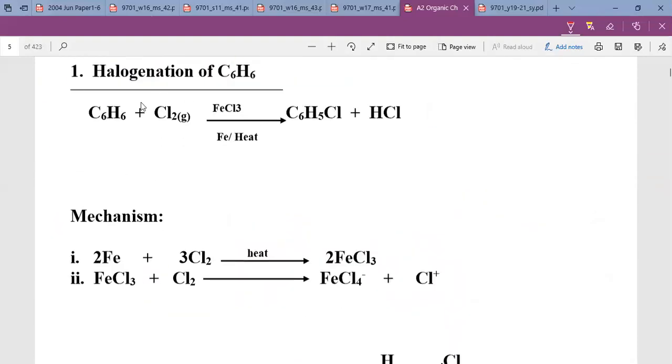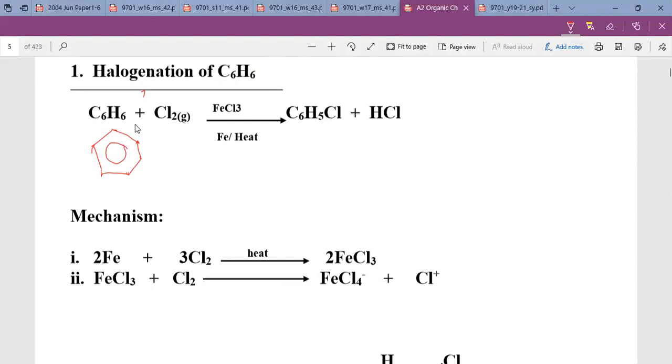Now you need to know the equation. Look at here. You can write it with the molecular formula, or you can write it in the ring formula, that is in exams. This is your benzene plus your Cl2.